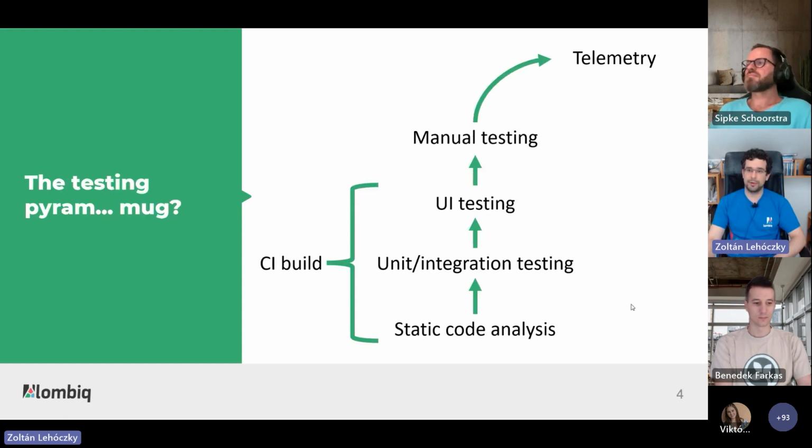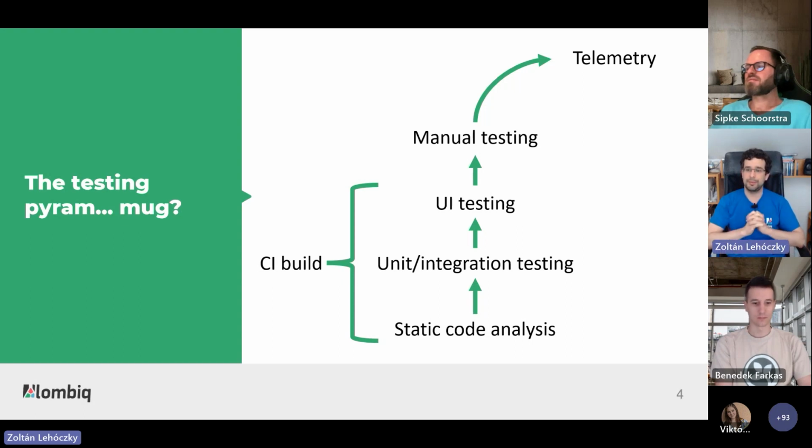Because what we'll talk about is, well, there's a testing pyramid. What I will present here is more like a mug shape, I think. We will start by introducing the first line of defense when it comes to automated QA, static code analysis. And then from there, we'll build up to higher and higher levels of QA.